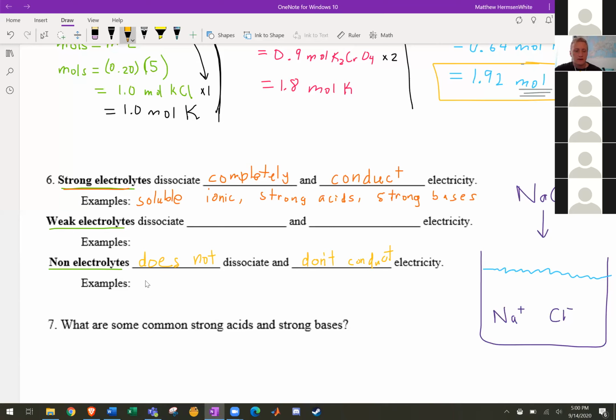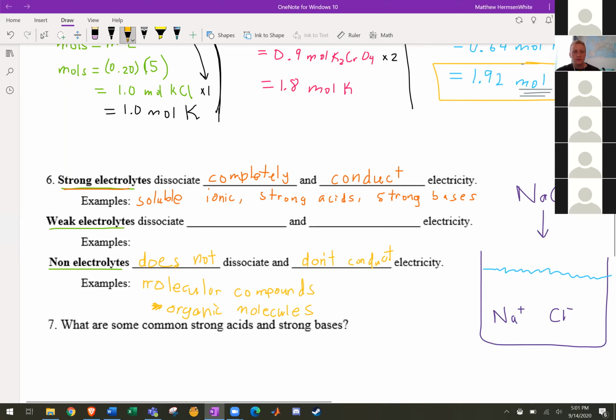These would be molecular compounds, and these include organic molecules. Organic molecules are molecular compounds, like gasoline or sugar.